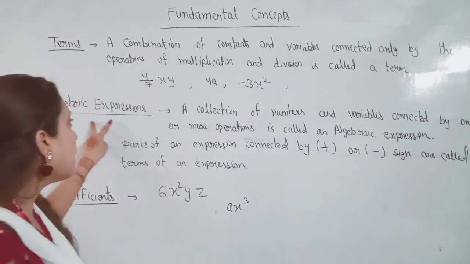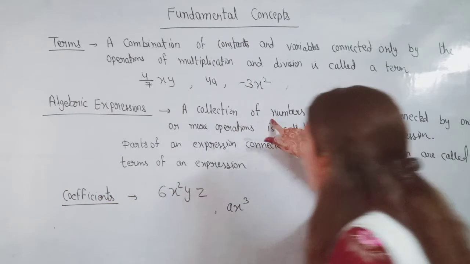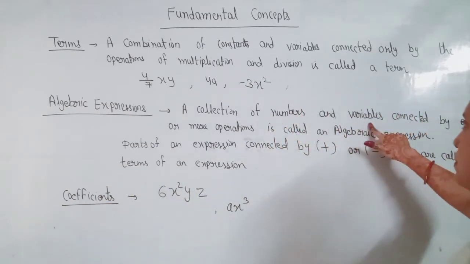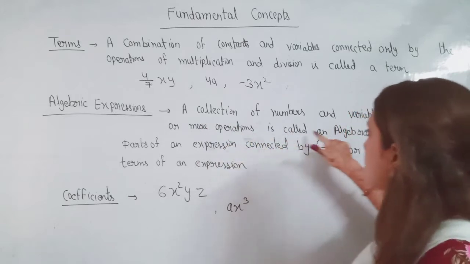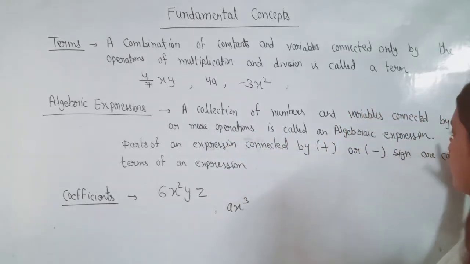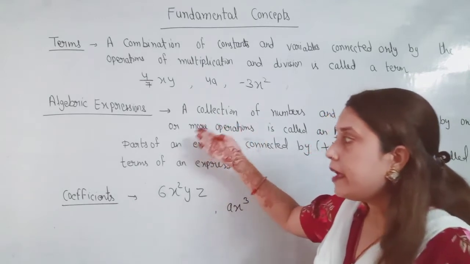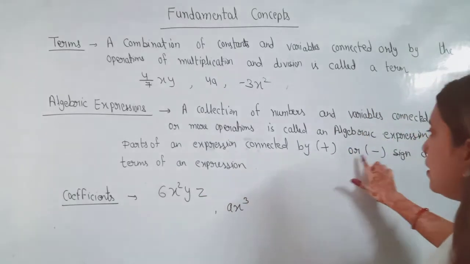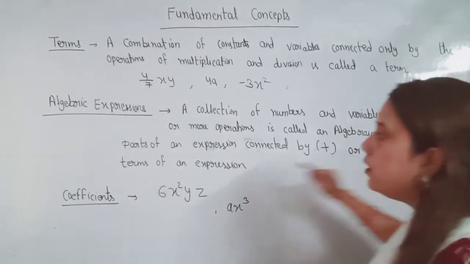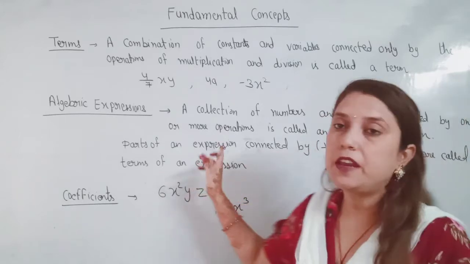Now algebraic expression. What is an algebraic expression? A collection of numbers and variables connected by one or more operations is called an algebraic expression, or simply an expression. Parts of an expression connected by plus or minus sign are called the terms of an expression.